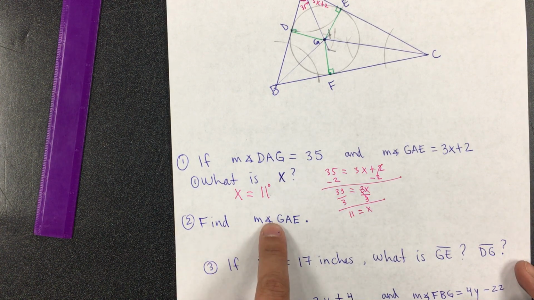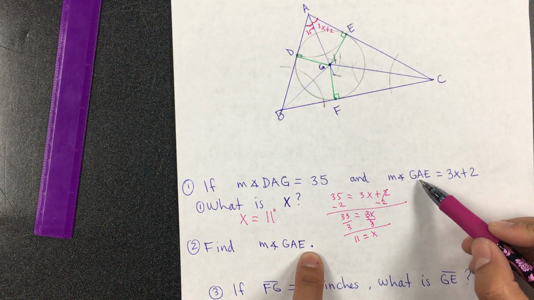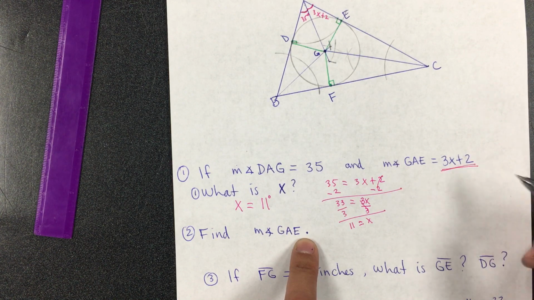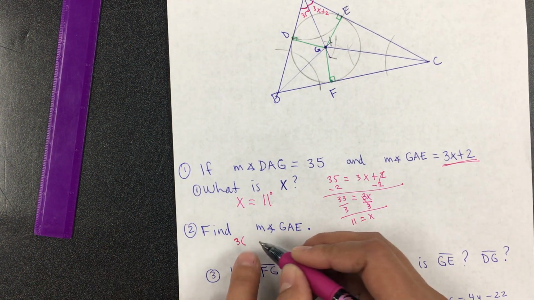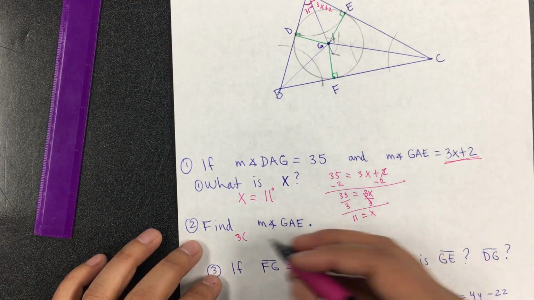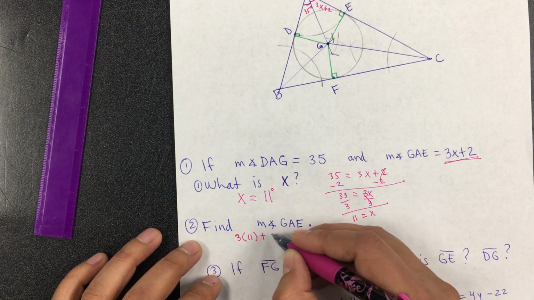Then it says find measurement of angle GAE. Well, we can just guide ourselves in here. GAE is this expression, 3x plus 2. So 3x, but instead of the x, we're going to replace the value of x, which is 11.